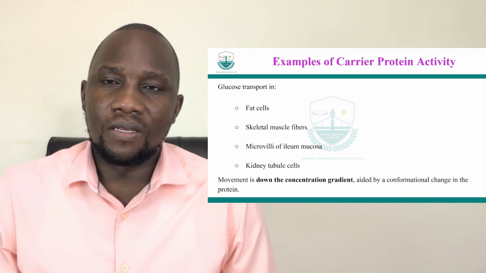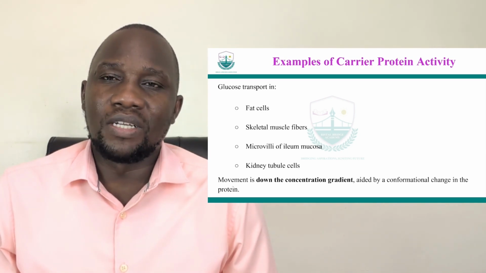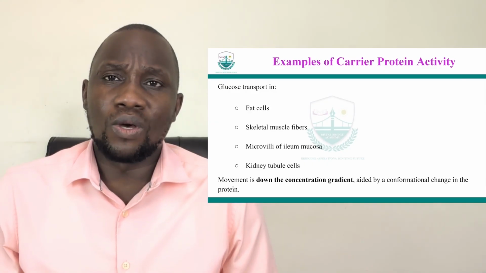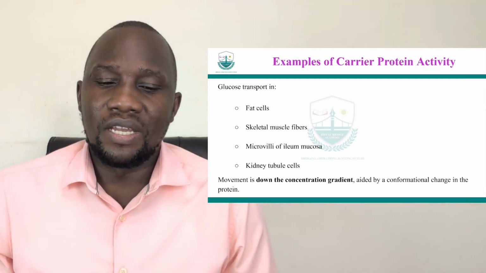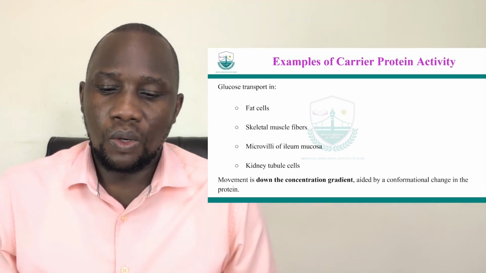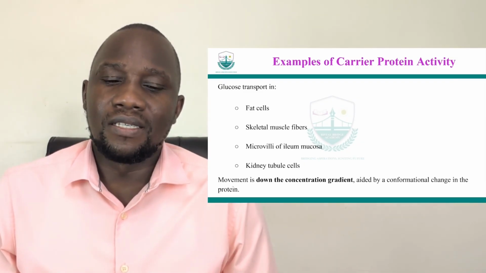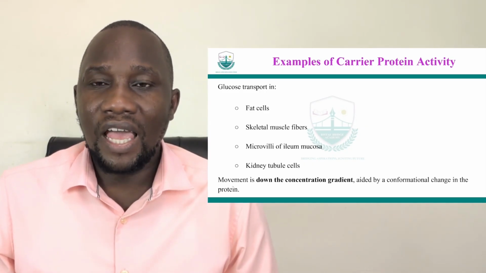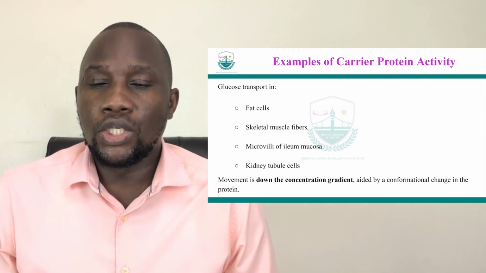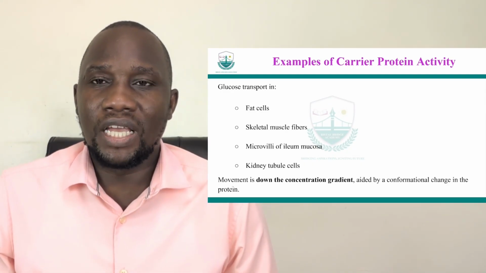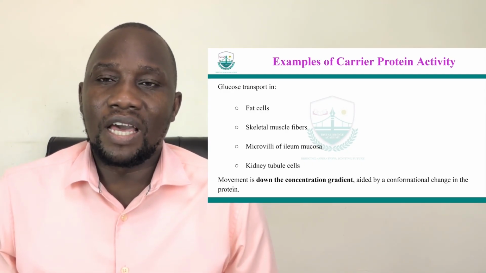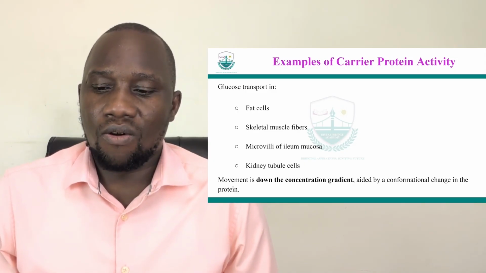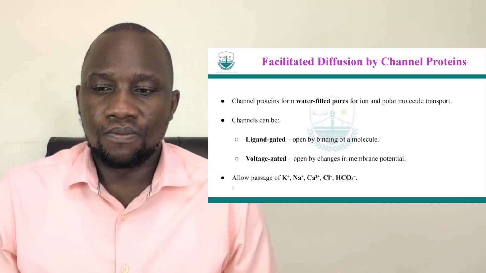It also needs to be absorbed from the intestines into the bloodstream, and the same thing also happens in the kidney tubules. Usually this is down the concentration gradient, and like we said, it is aided by conformational change. The carrier protein basically changes its structure. That's what we term the conformational change.